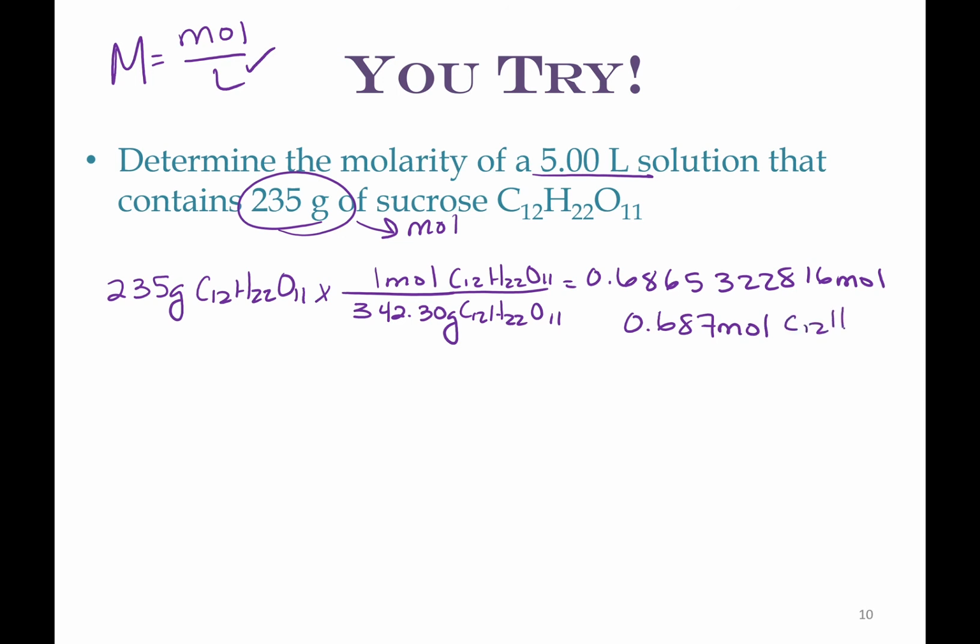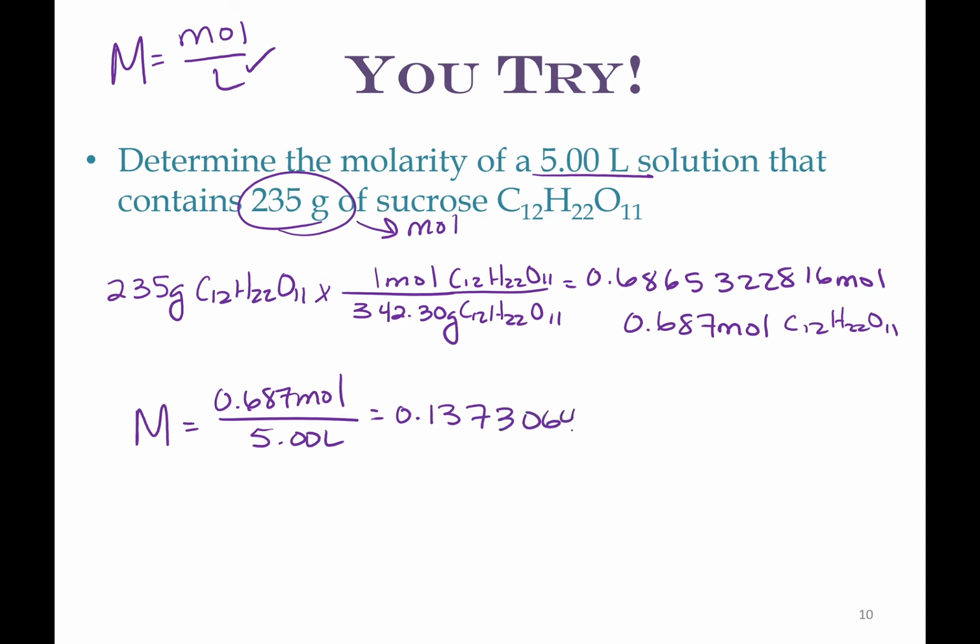C12H22O11. And then we're going to take that and put that into the molarity equation. 0.687 moles divided by 5.00 liters. And we get 0.1373064563.